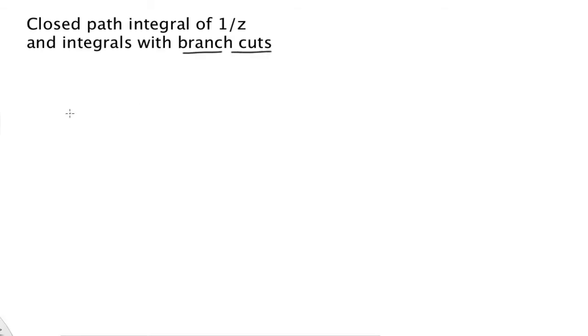As we know, things like lowercase log or functions like z to the 1/2 are multi-valued functions, meaning they have multiple outputs, but they also have multiple inputs that lead to the same answer. So at least with the case of log. So we have to always worry about that.